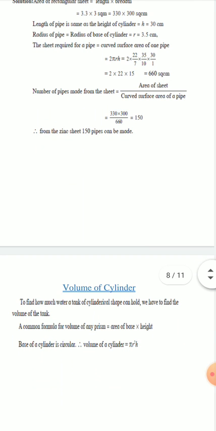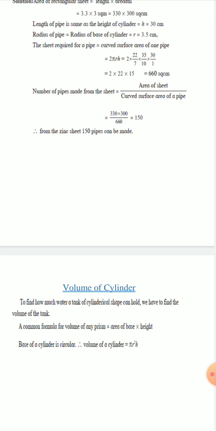Next and last part of this chapter is the volume of the cylinder. As we all know the basic definition of volume is nothing but the measure of the space occupied by that solid geometry. So in this case it is a cylinder, so the measure of the space occupied by the cylinder is known as volume of the cylinder.